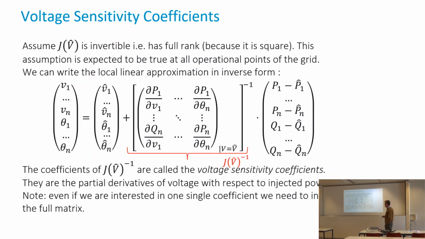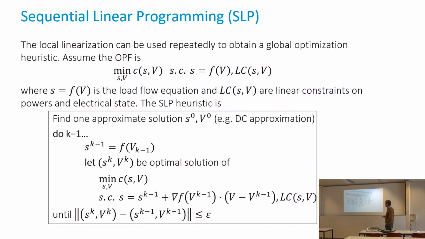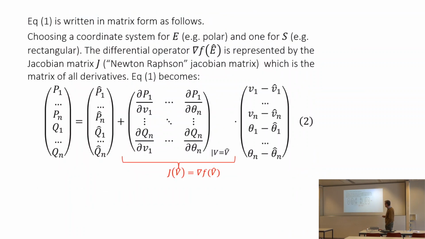And the classical way to do this is to invert the previous relationship. If I look at this relationship, this is saying that the vector P minus P hat is equal to this big matrix times V theta minus V hat theta hat. So that's a big linear relationship.